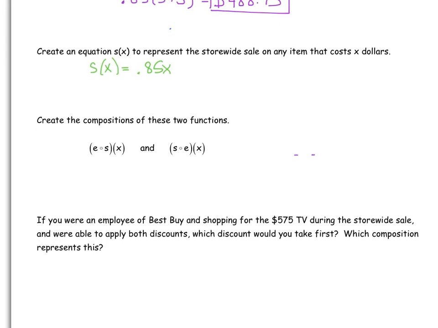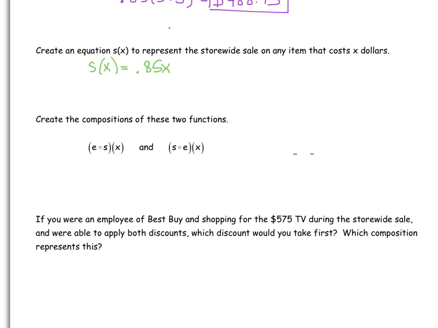Now it says create the composite functions of these two. So E of S of x, we're going to start with S of x is 0.85x. E of x is 0.80 times that. 0.80 times 0.85 gives you 0.68x.